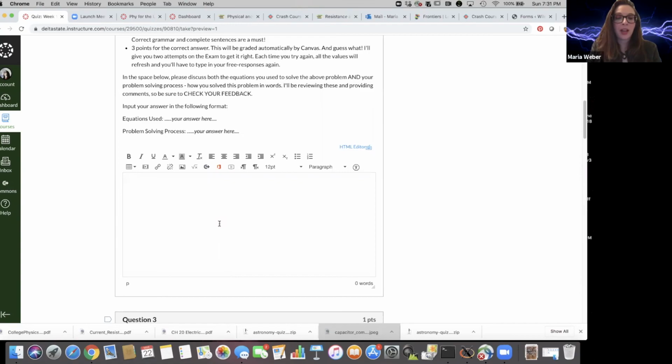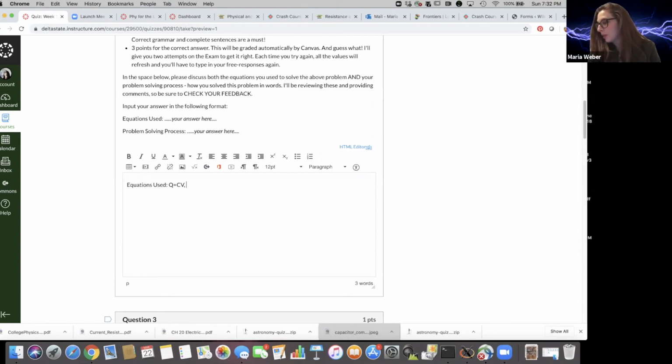We're going to say equations used. Okay, so if you looked at the above problem, you will see which equations we needed to use in order to solve that problem. In particular, let me look back at my notes, we're going to have to use the equation for the charge on a capacitor, which Q was equal to the capacitance times the potential difference on the capacitor plates.